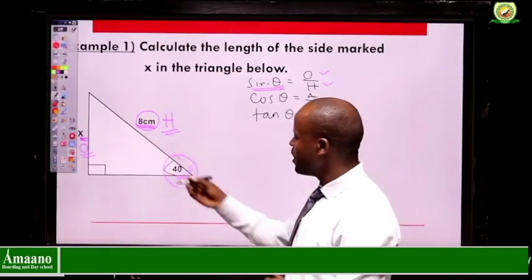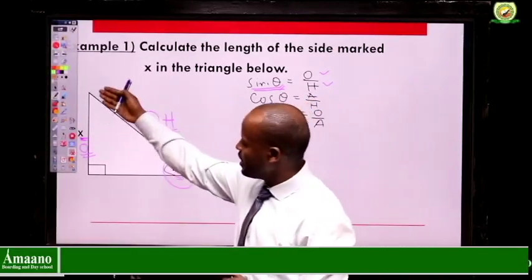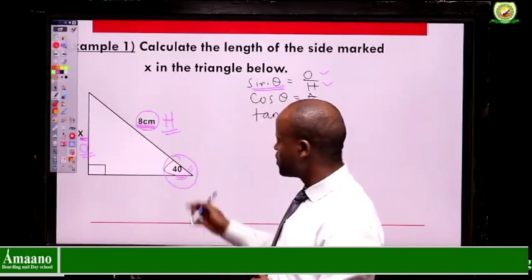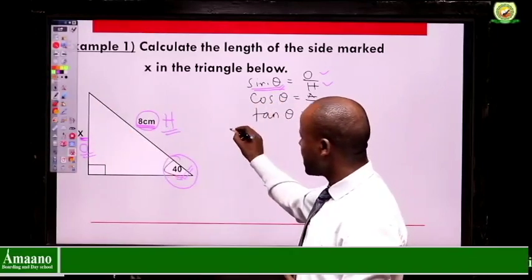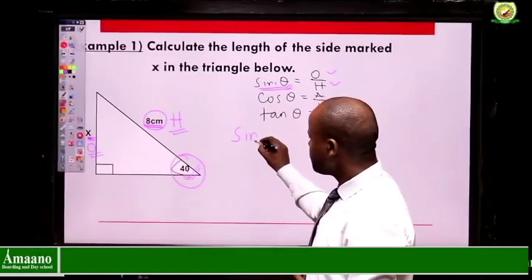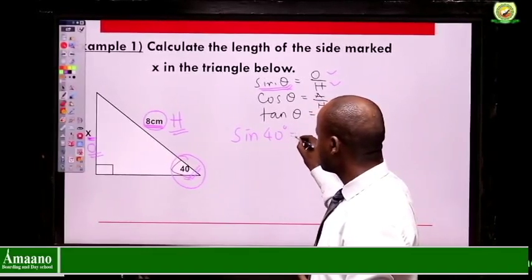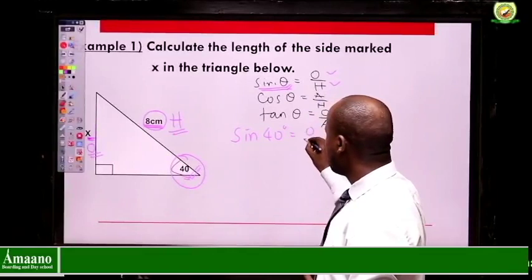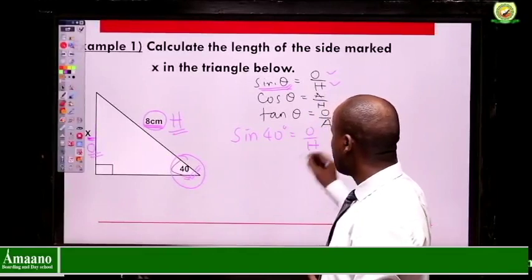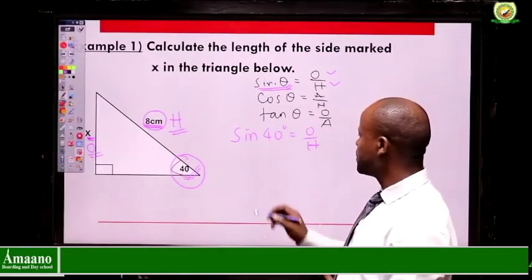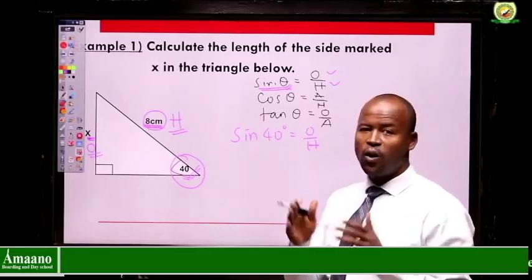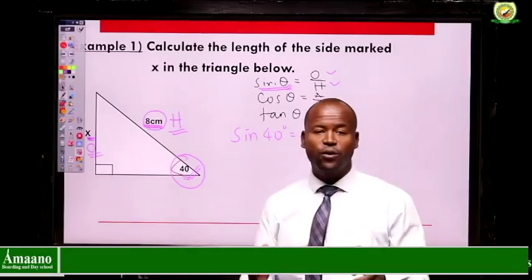So to find the value of X, the length of the side opposite to the 40 degree angle, we use sine, so sine of 40 degrees is equal to opposite over hypotenuse. So how can you find sine 40?